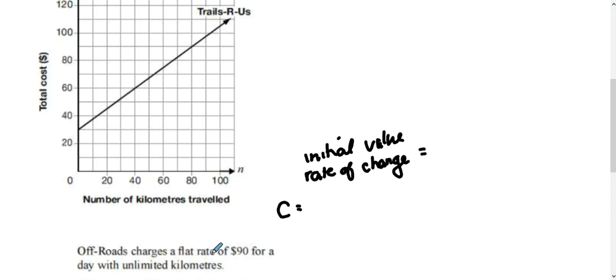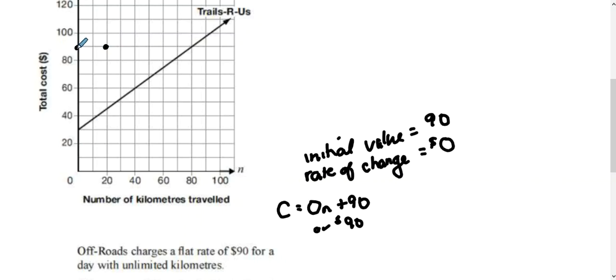Well, if I look at this, a flat fee of $90, so I know I have to pay $90 up front. But unlimited kilometers, well, they're actually charging me nothing for my rate of change. So it's actually 0n plus 90, or just $90. All right, and what that looks like, it's like 100. So if I travel 20 kilometers, it's still going to cost me $90.